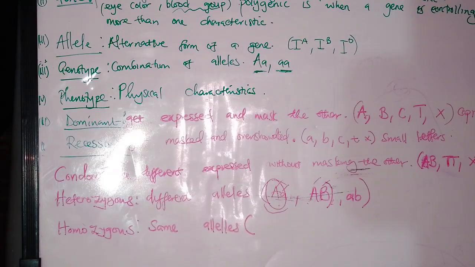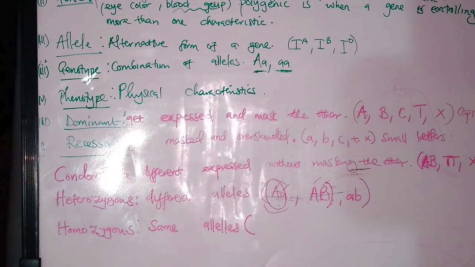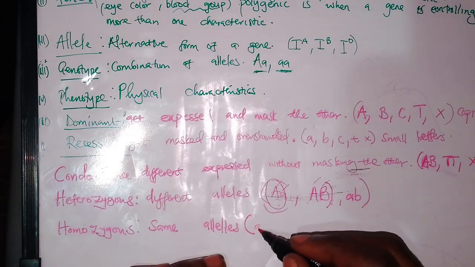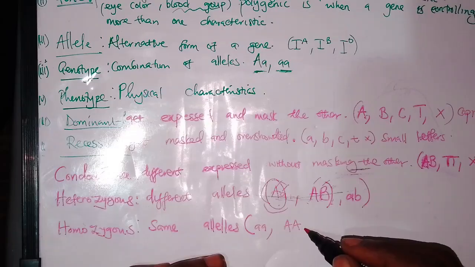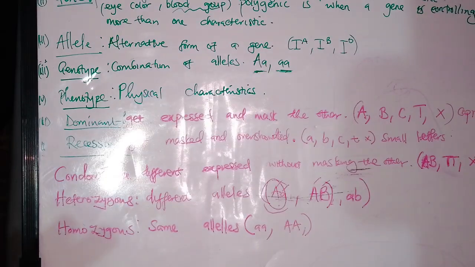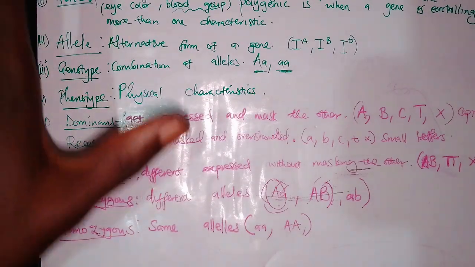It can be alleles for blood group, alleles for height, alleles for eye color. In our case, the alleles should always be the same. It doesn't matter if they are in small letters or capital letters. So these are the terms which you need to know under genetics.